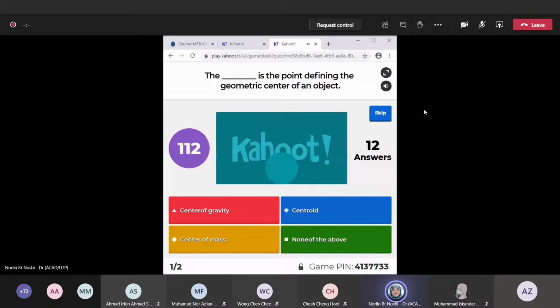So which one defines the geometric center of an object? I'm giving you 2 minutes, so you can answer it and read carefully all the questions.